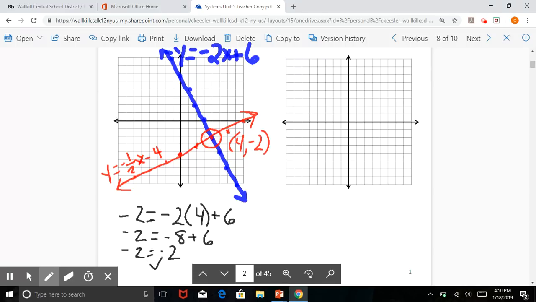And then we can also plug it into the second equation. So we have -2 equals 1/2 of 4 minus 4. So -2 equals 2 minus 4. So -2 equals -2. It works in both equations, so it is a solution for both of them, therefore a solution to the system of equations.